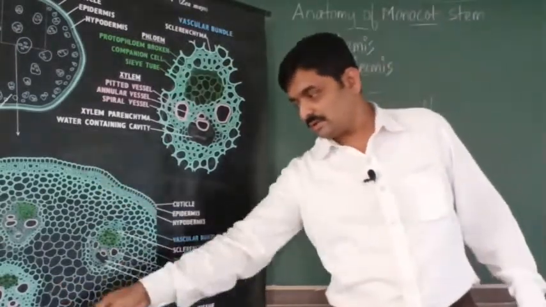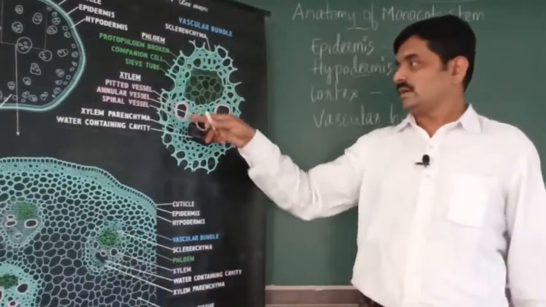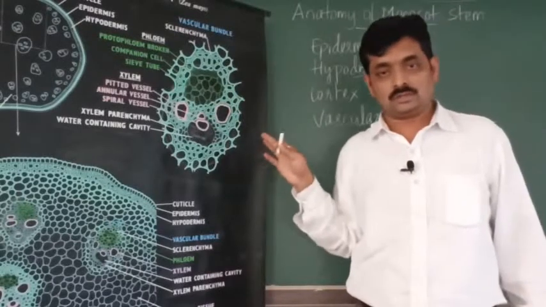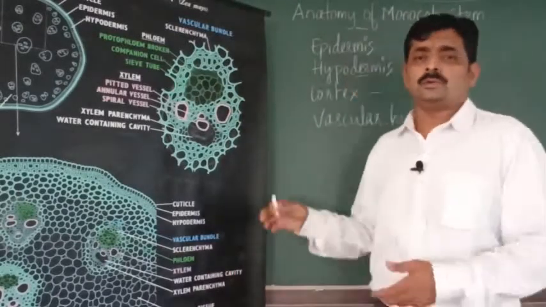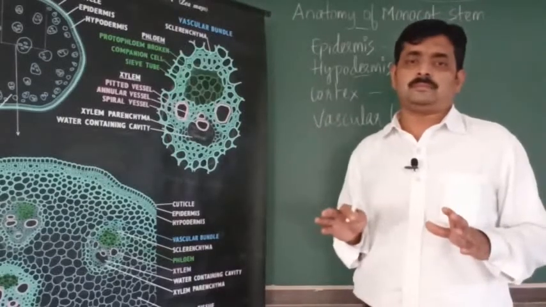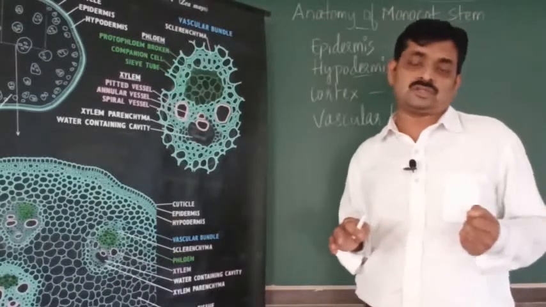So this is the complete enlarged section. This is one single vascular bundle of monocot stem. Now here, if you see the structure of monocot stem, it is a little simple when you compare with dicot stem.